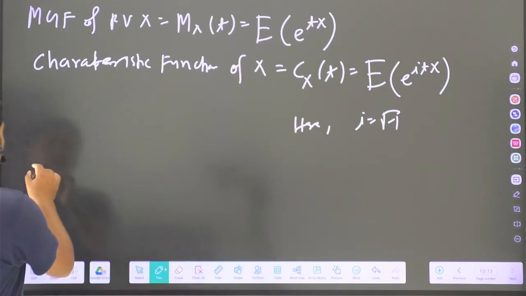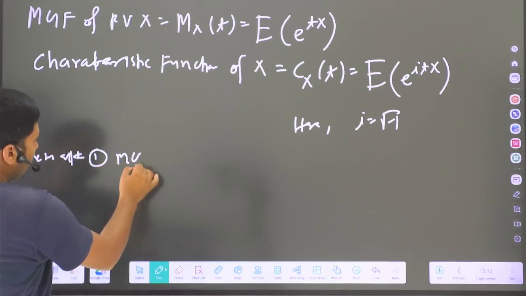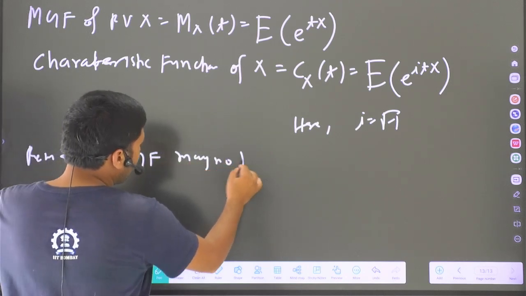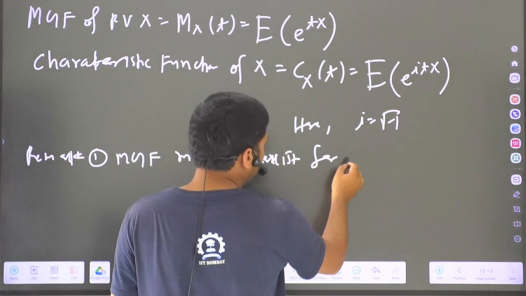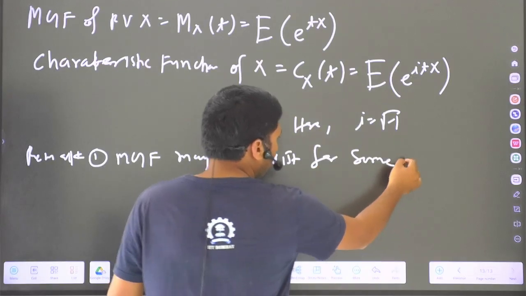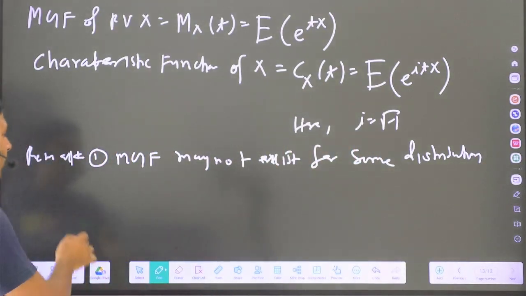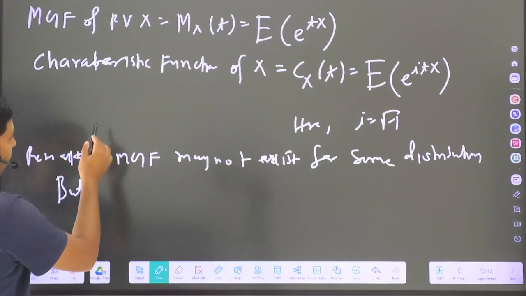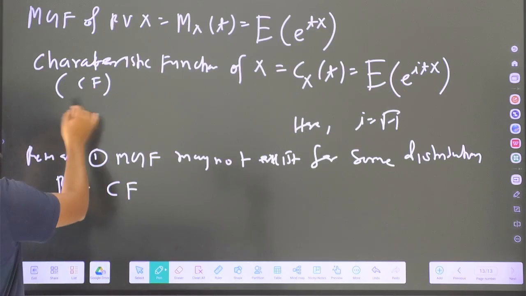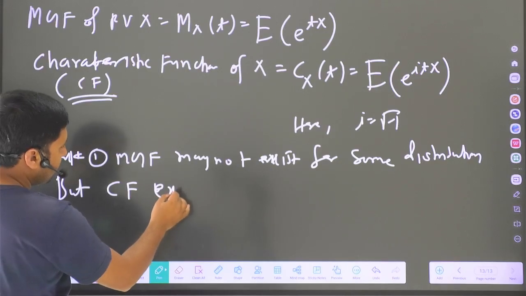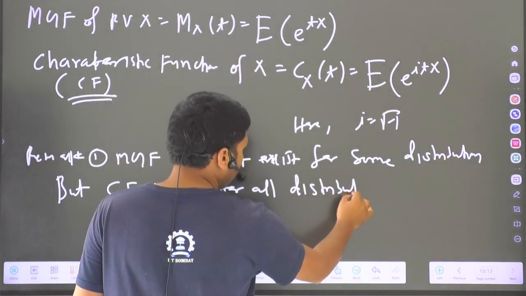The result is, MGF may not exist for some distributions, but the characteristic function will always exist for all distributions. So the characteristic function, I'm writing CF, exists for all random variables.